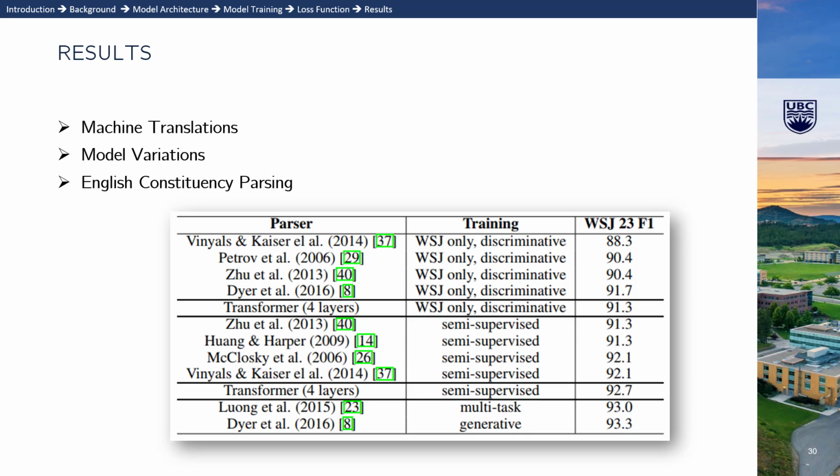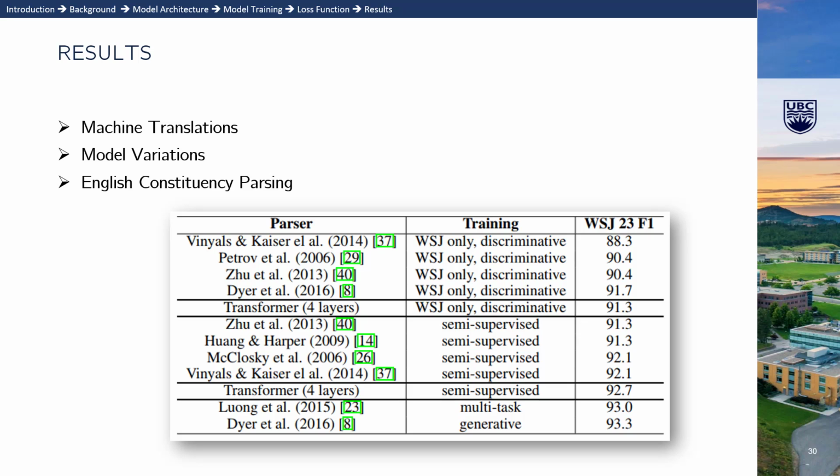The researchers also trained it in a semi-supervised setting with approximately 17 million sentences. The researchers used a vocabulary of 16,000 tokens for the WSJ only setting and a vocabulary of 32,000 tokens for the semi-supervised setting.